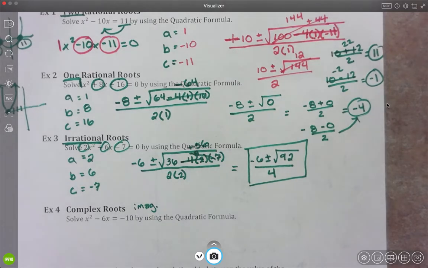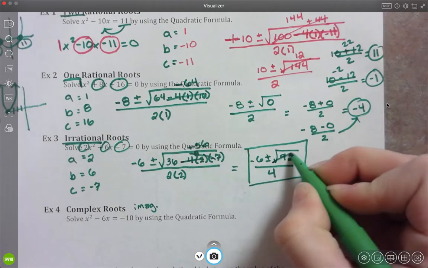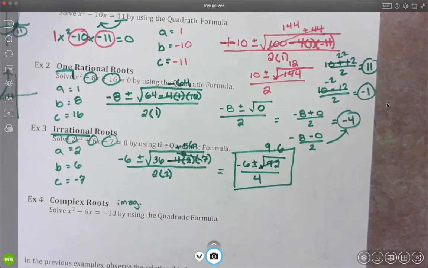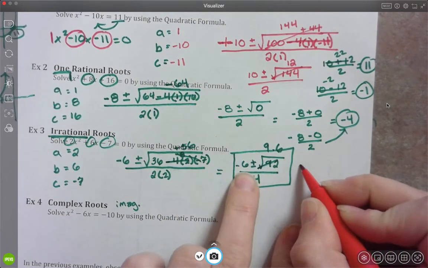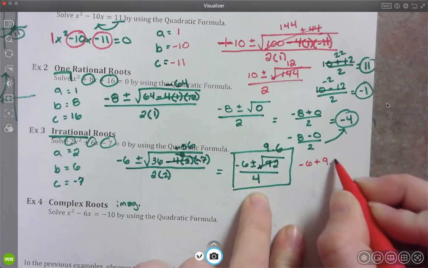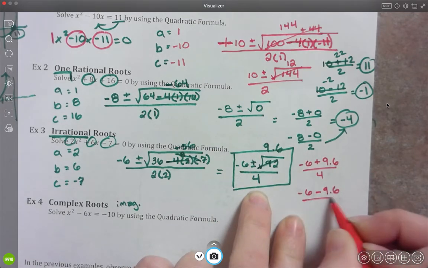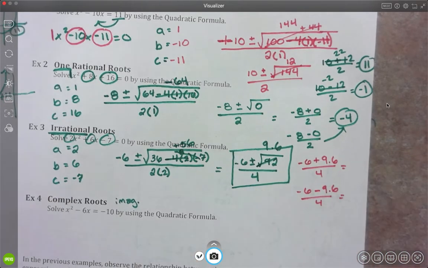Because we have the positive and the negative, there are really 2 answers, okay? And the square root of 92, if I do 92 square root, this is really like 9.6, okay? So if I think about what this looks like as a decimal, this would be negative 6 plus 9.6 divided by 4, and negative 6 minus 9.6 divided by 4. It's going to give me some decimals, and that's okay.